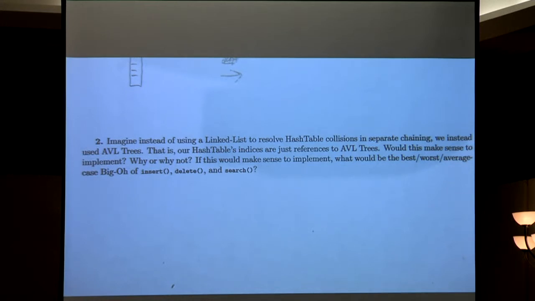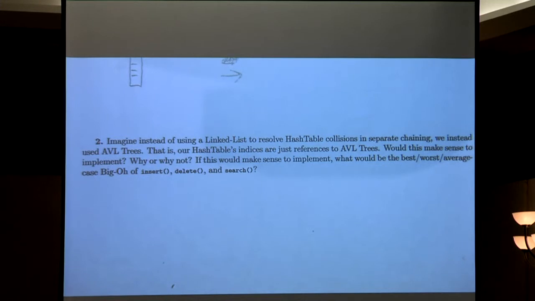Okay. So remember we've got a hash table where every index is an AVL tree, and the number of things in the entire hash table is n. I understand. So if we have a really good hash function, then we don't have to use any other AVL trees. Everything hashes just fine, and maybe it's just order 1 insertion.